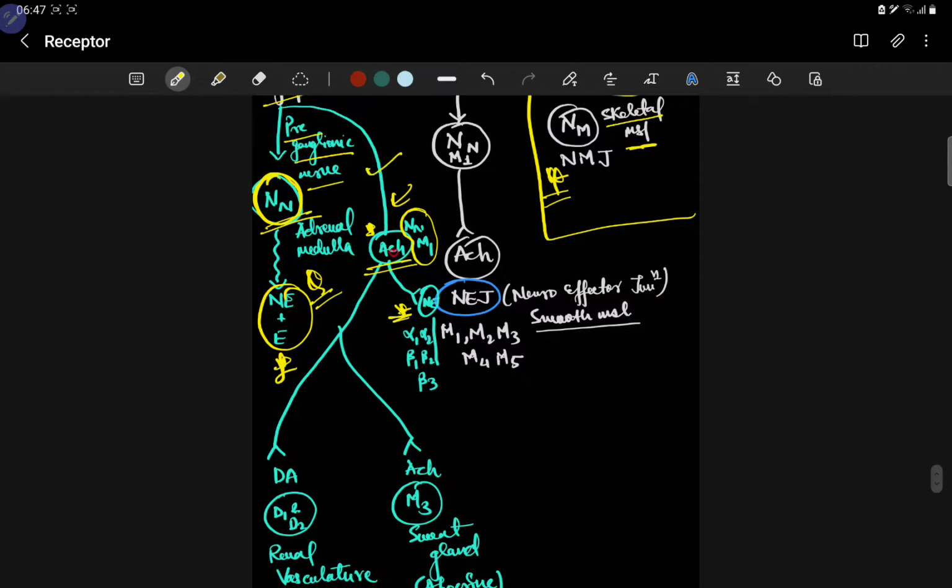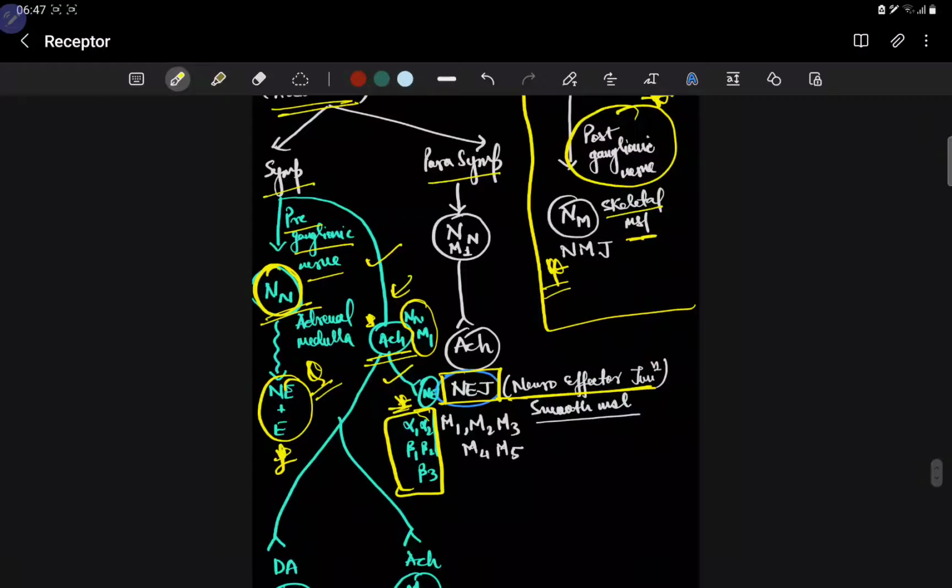This is the preganglionic, this is the postganglionic, and it will act on the neuroeffector junction of the smooth muscle. So these are the receptors for the sympathetic nervous system.